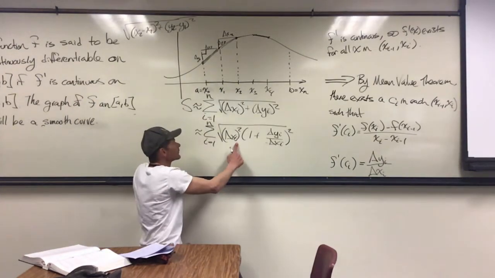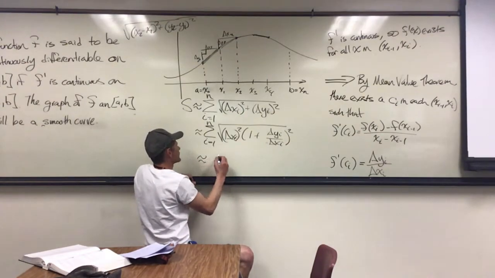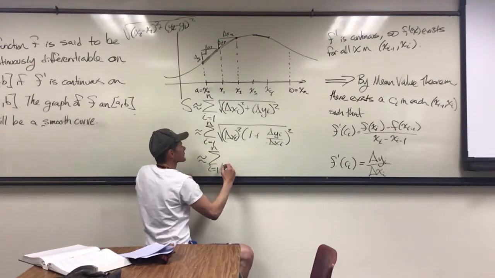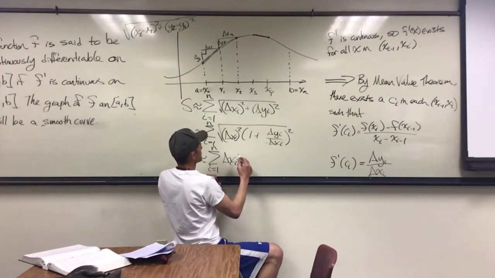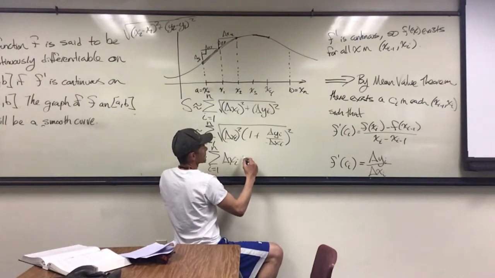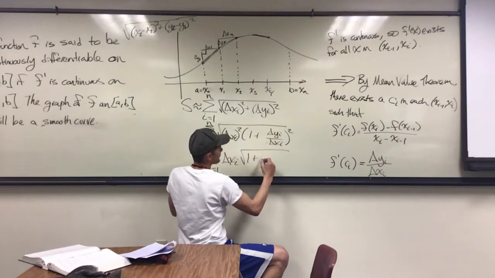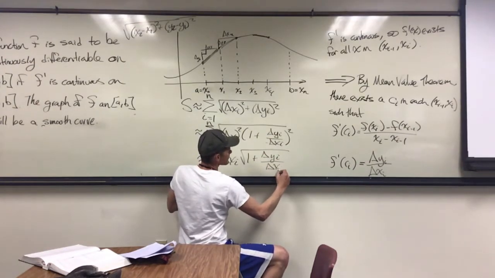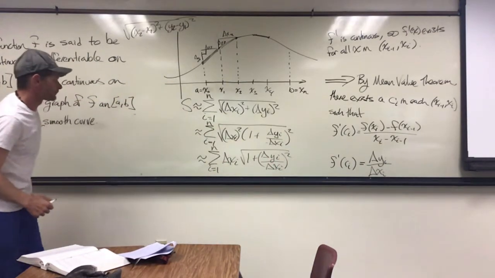And then remember that a square root of products can be written as a product of square roots. So I'm going to rewrite it as a summation from i equals 1 to n. I'm going to pull this guy out, take the square root, and we get delta x sub i times the square root of 1 plus delta y sub i over delta x sub i, squared. And I'm going to write it like that now.